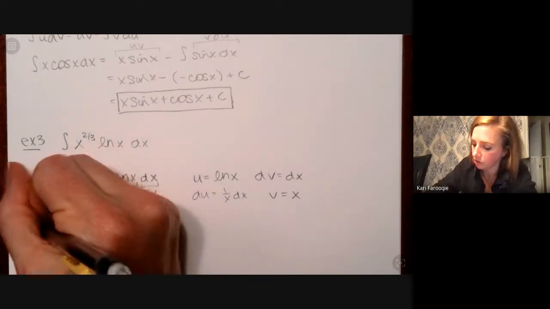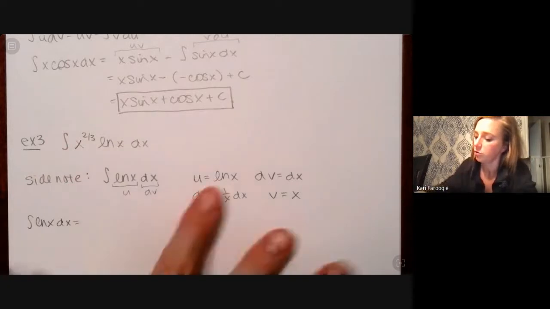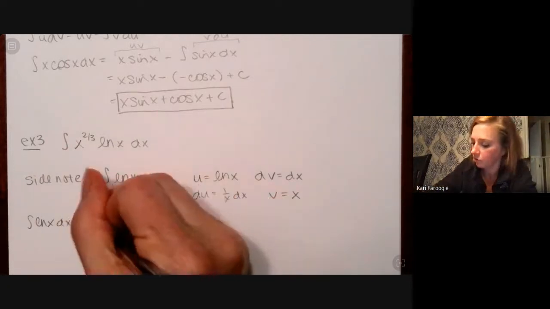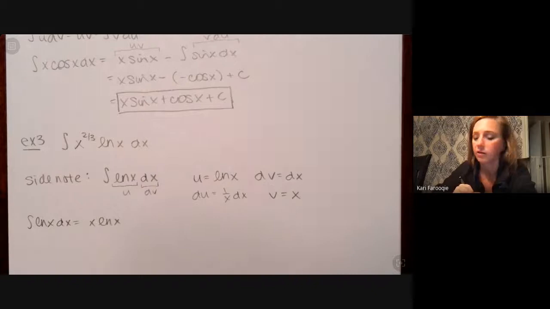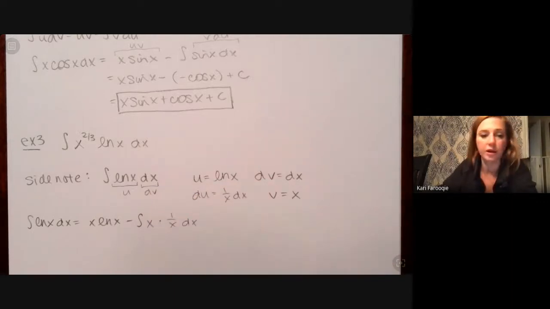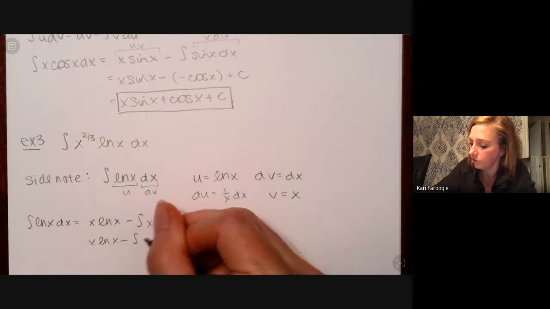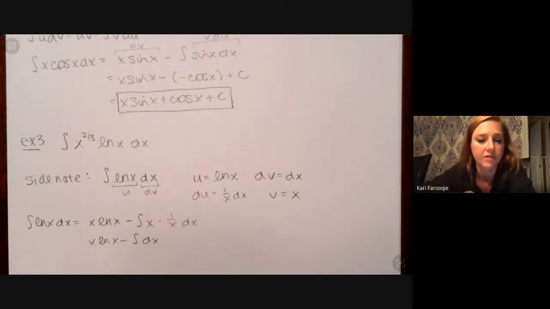So the integral of ln x dx will be uv, which is x ln x, minus the integral of v du. So v is x and du is 1 over x dx. And this is really x ln x minus the integral of dx because you're going to get these x's to cancel inside the integrand.